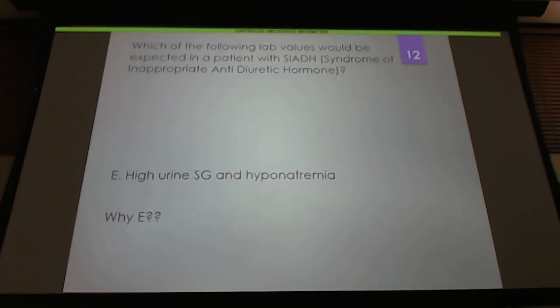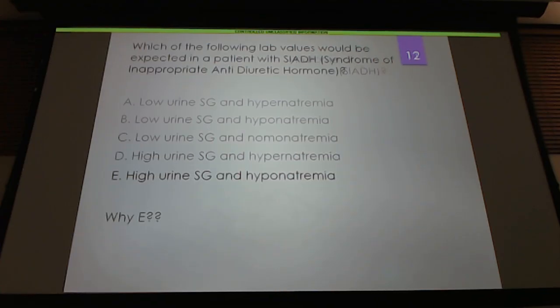So first, with SIADH, what changes in sodium in SIADH? Does it stay the same, high or low? It goes low, right? Because there's inappropriate ADH secretion. So ADH goes high, we retain all of the water, and so the serum sodium level decreases, right? And water overload.